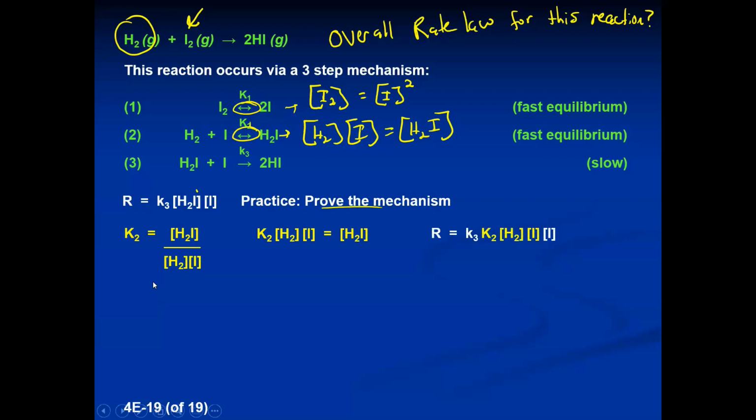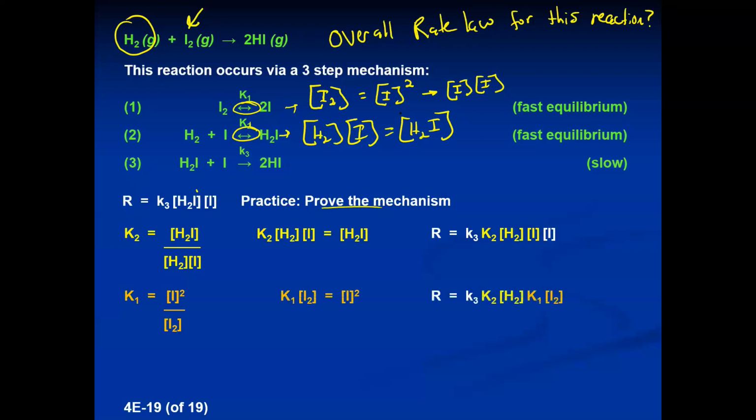And so we can plug in our I's. Remember this. So what did I do here? By the way, there's so many different ways you could have done this. I squared is the same thing as I times I. That was my little rearrangement here. K1, I squared over I, right? That's just me rearranging the first one here.